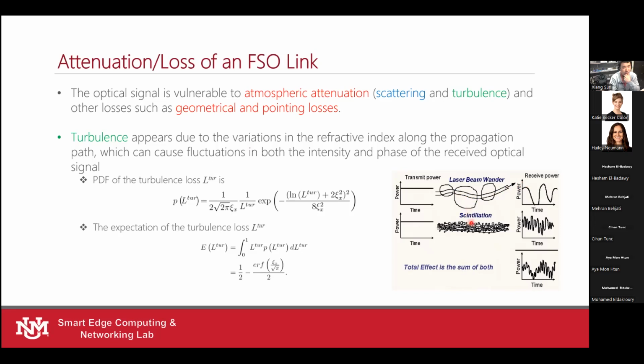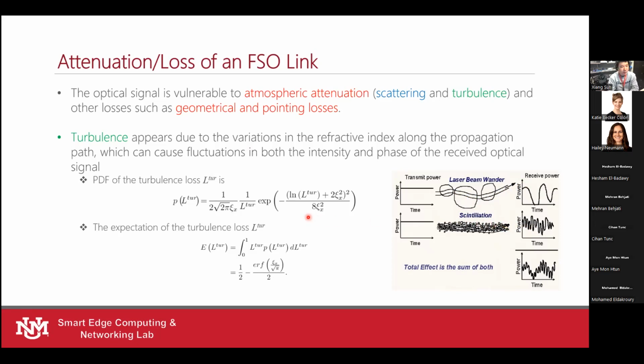On the other hand, if those eddies generated by the fluctuations of the refraction index are very small, for example, smaller than the FSO beam size, then the FSO beam would have some small distortions in both intensity and the phase.